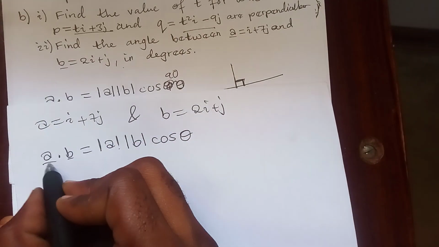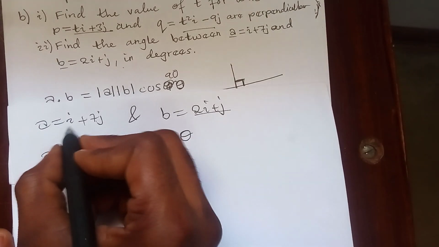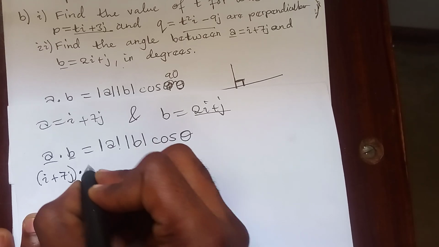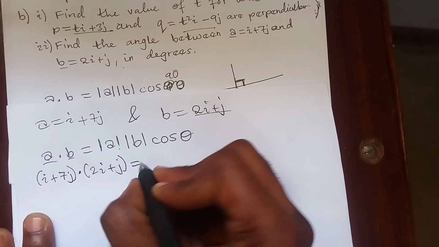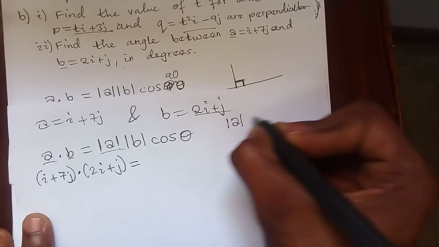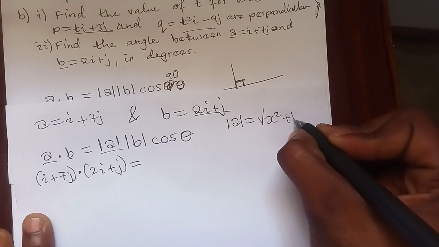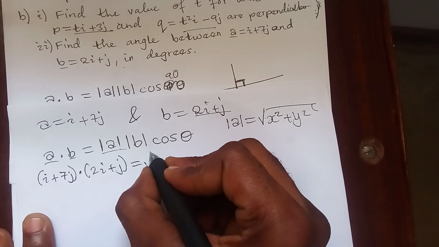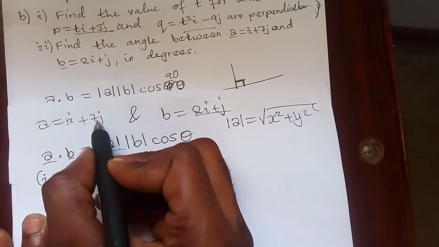So now, your A is this, this one here, and then dot, your B is 2i plus j, and then the magnitude of A is given by the square root of x squared plus y squared. This is like the Pythagoras theorem. So this is your A, this is your x, this is your y.